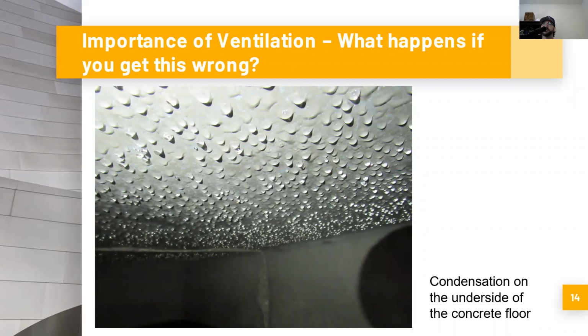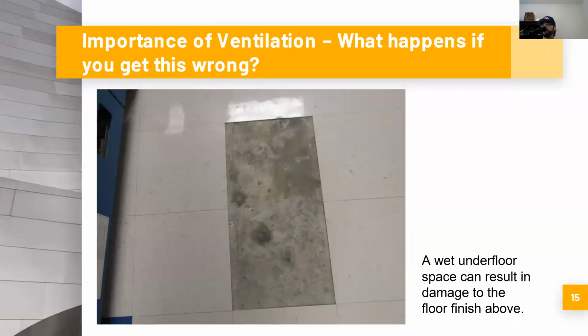So in situations like this, where you have a concrete floor and you're not controlling the humidity levels in the underfloor space, the concrete is at risk of becoming saturated with moisture and being essentially a continuously wet floor. Now, what does that do to the top?